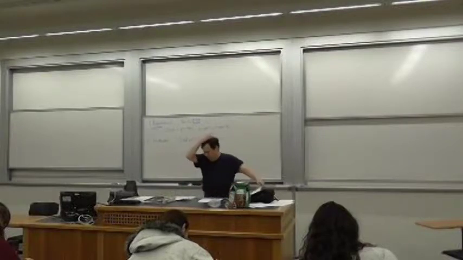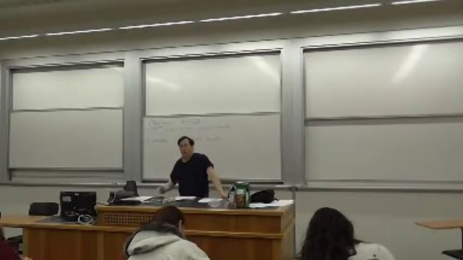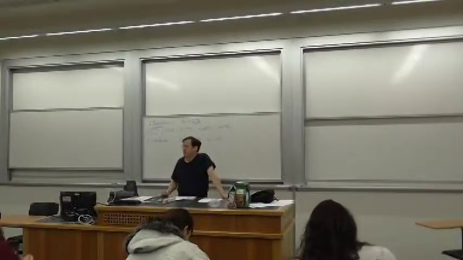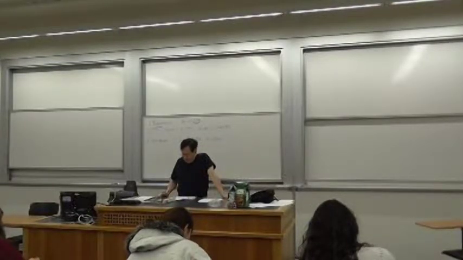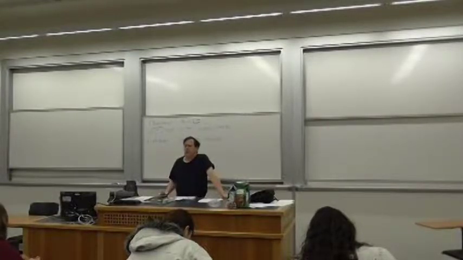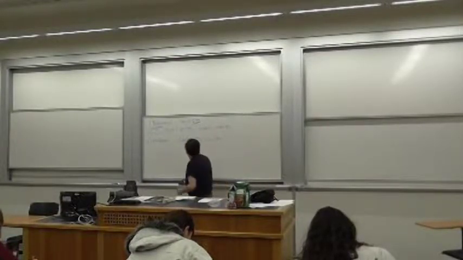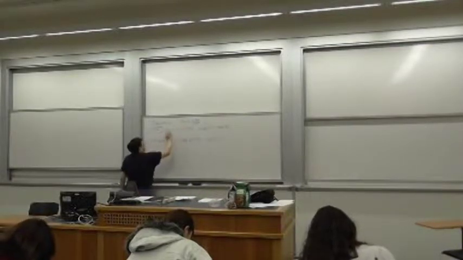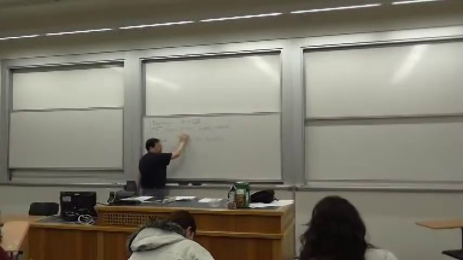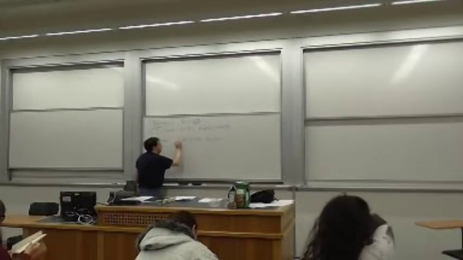But before I do, I want to introduce one more family of identities. I kind of feel like they're the most important because this is a definition. This is very simple. It's not quite trivial.